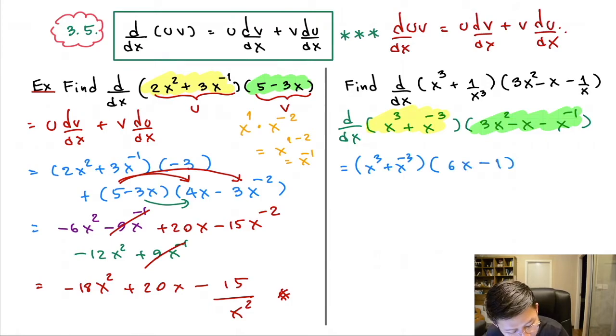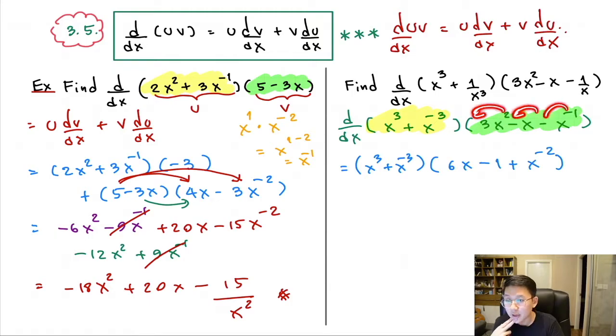Oh, sorry, plus x to the power of minus 2. Right? Just push the exponents down, and then subtract the exponents by 1. Okay? So here is 2. You push it down here, you get 6, and then 2 minus 1 is 1.